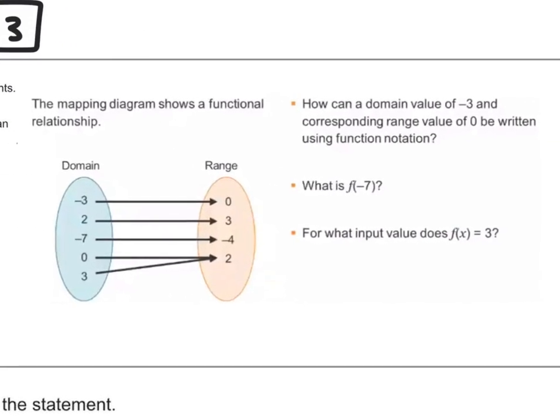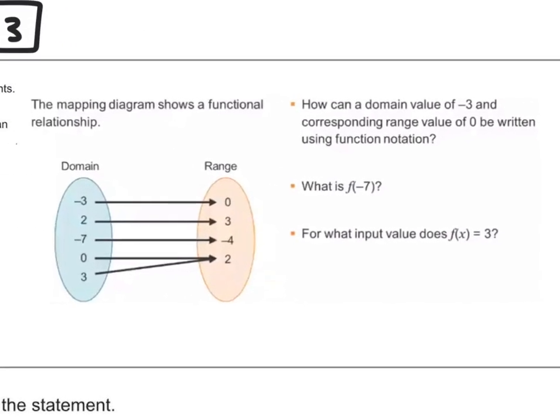If I take a look at this, we've got our domain, we have our range. What's another word for domain? These are x values. If I say range, these are y values. So we have a functional relationship here, and it says, what is f of negative 7?